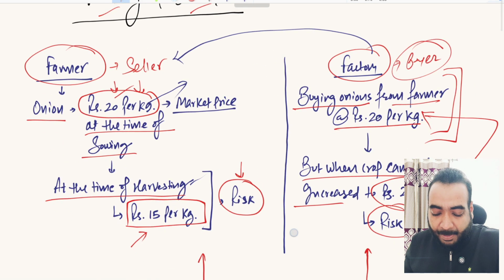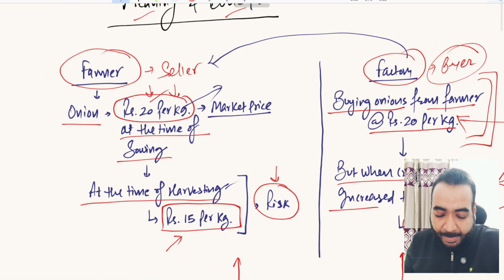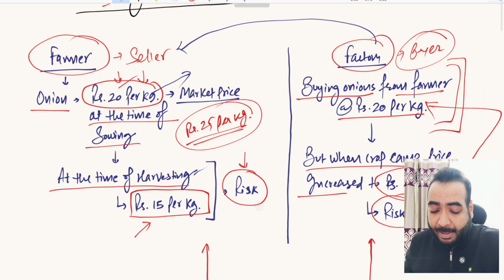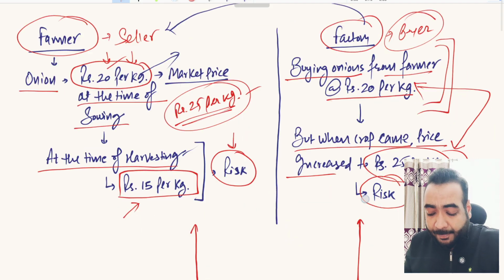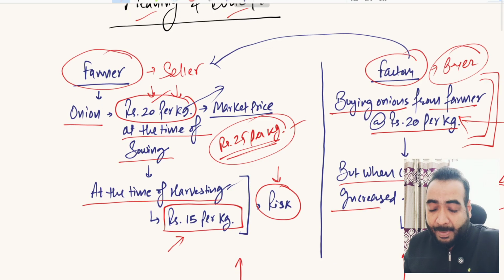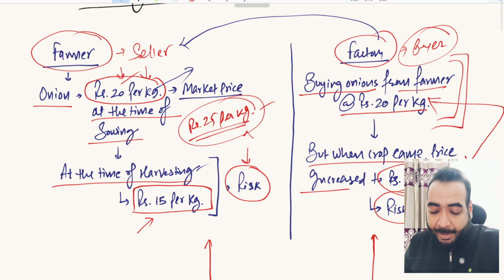In the farmer example, what if in future the price of onion increases to rupees 25 per kg, and the farmer with malafide intention thinks he can sell the onion at 25 rupees per kg in the market? So rather than selling to the factory at the pre-agreed price of rupees 20, he may cancel the contract, run away from it, and sell the onion in the market.